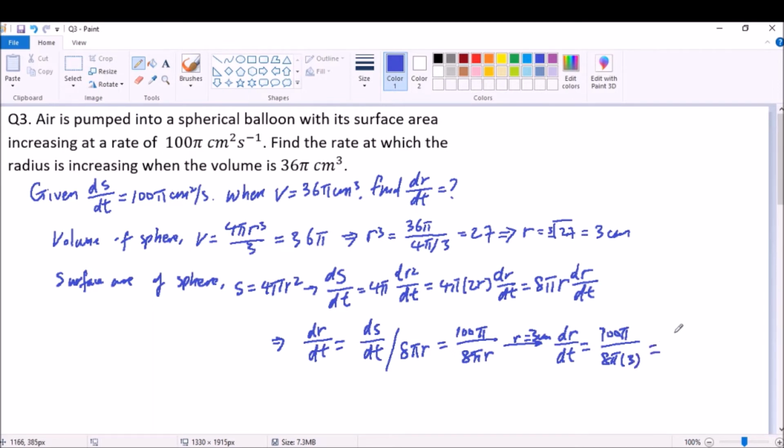And this is 100 over 24, which is 4.17 cm per second. dr over dt is the rate of radius increasing with time when r is 3 cm. And when r is 3 cm, the volume is 36 pi.